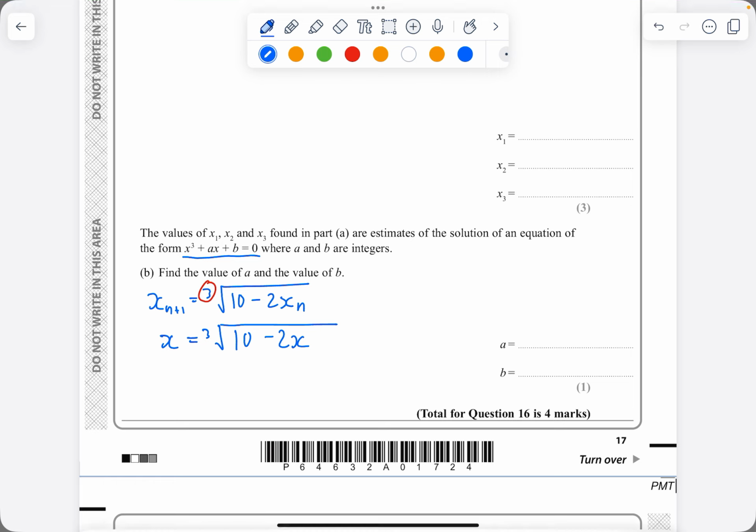And I'm going to cube it. So I get x cubed is equal to 10 minus 2x. And I'm going to bring both the other terms to the other side. So I get x cubed plus 2x minus 10 equals 0.